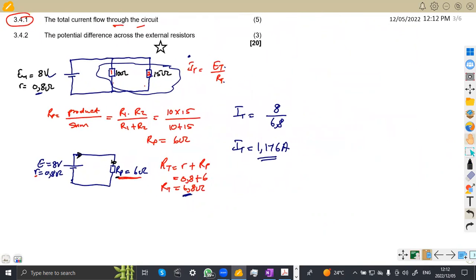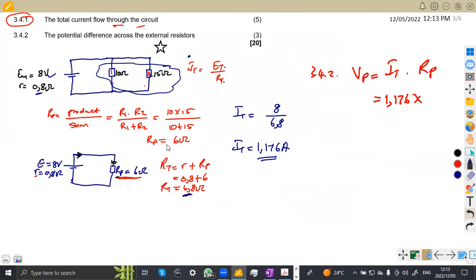So this is 3.42 now. All right, so 3.42, the voltage across the parallel, that is the external. These are the external resistors, the ones that are in parallel. So it is going to be the total current times the total resistance in parallel. We got the total current here as 1.176 times the total resistance for the parallel combination.